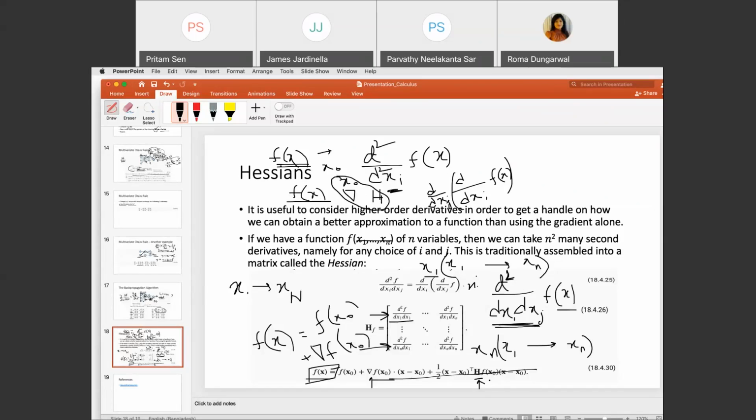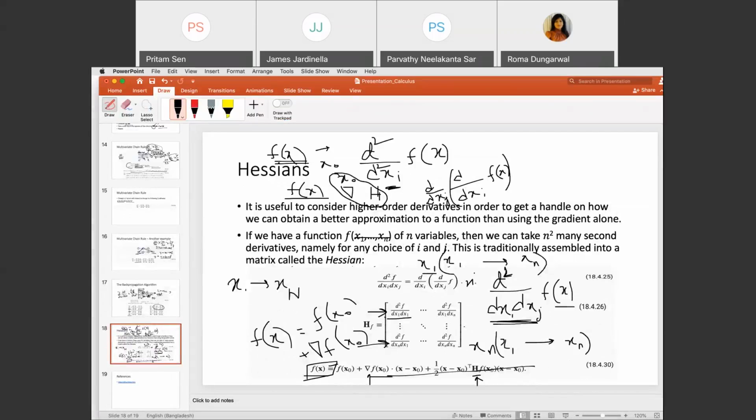That's why sometimes this Hessian matrix is needed. The proof is shown in the web page, but I just want to show you the basic idea.